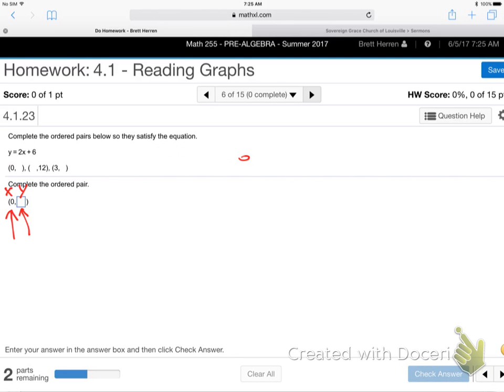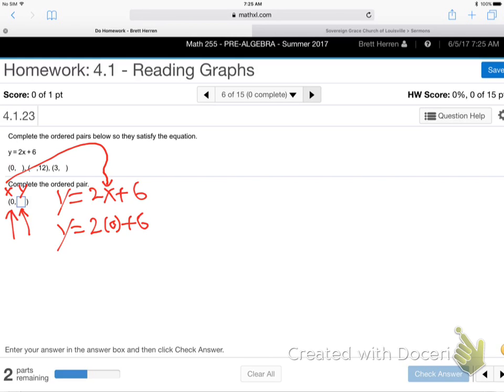Here, let me move this over here and do that. So Y equals 2X plus 6. So plug that 0 in for X. Does that make sense?